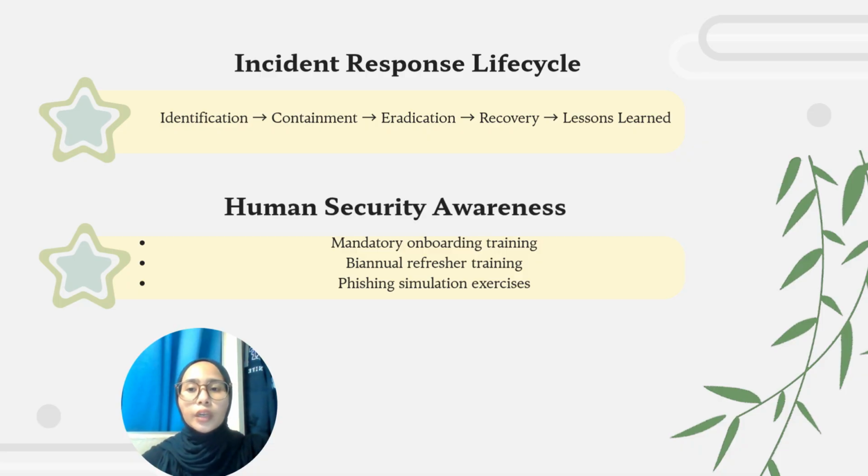Then the final component focuses on people, monitoring, and continuous improvement, because employees are often targeted through phishing and social engineering attacks. Mandatory onboarding training, biannual refresher training, and phishing simulation exercises are proposed.